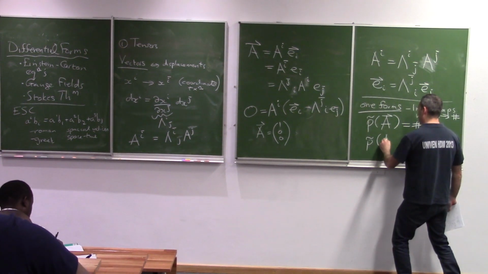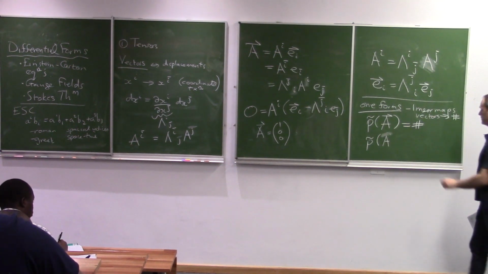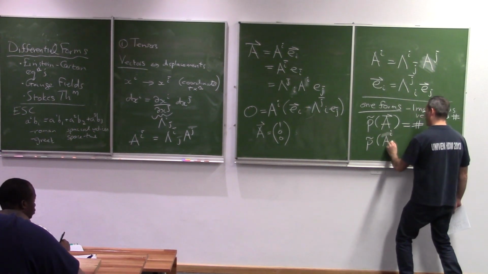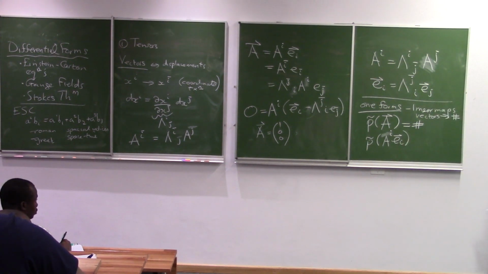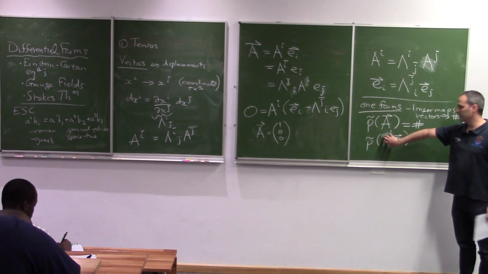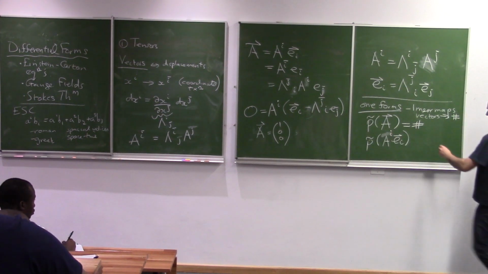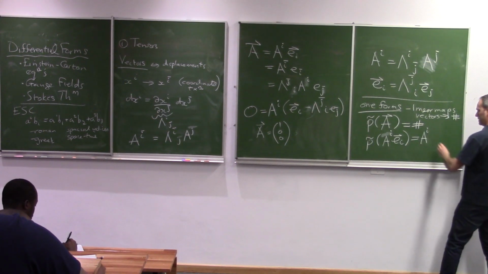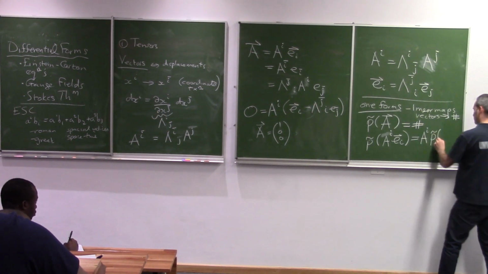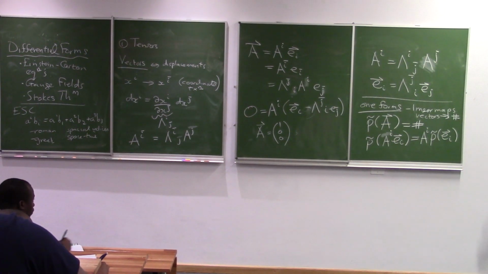The fact that it's linear immediately tells us a lot about it. So I can take my vector and write it in terms of a particular basis. My vector will be like that. And because this is a linear map, a property of a linear map is that I can take out that a^i. So this is going to be equal to a^i p tilde acting on the basis vector.